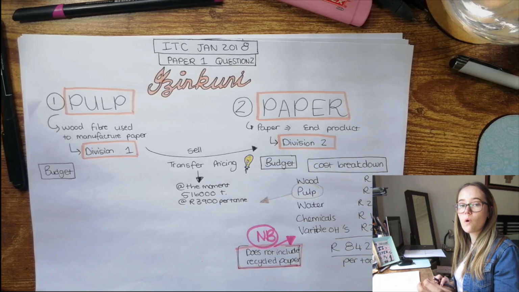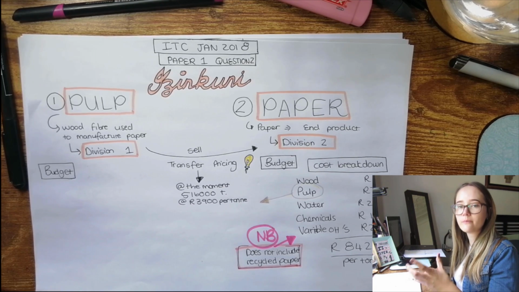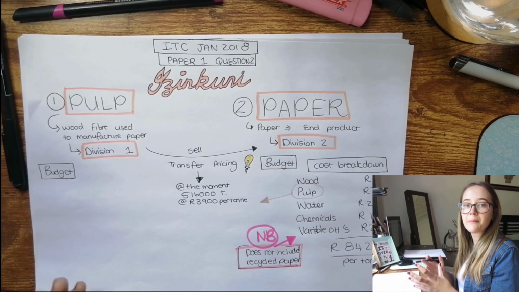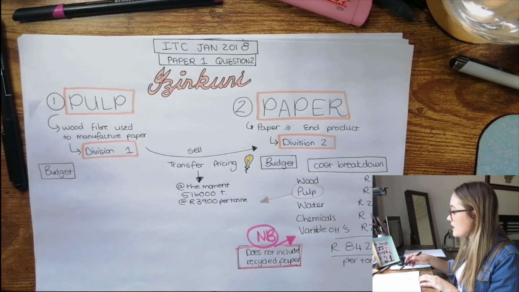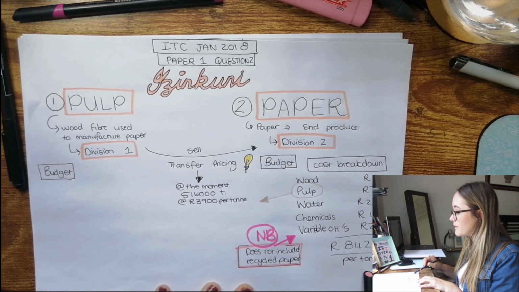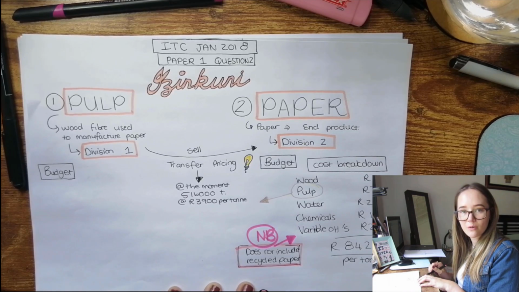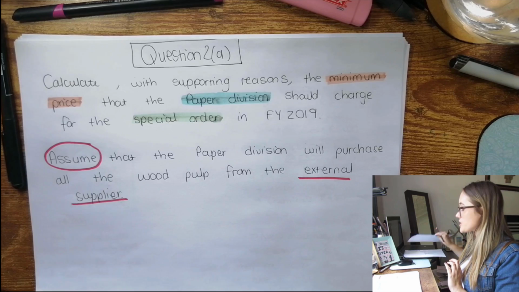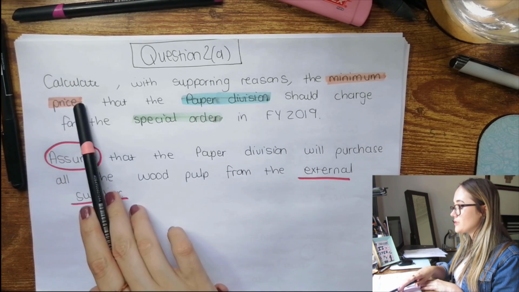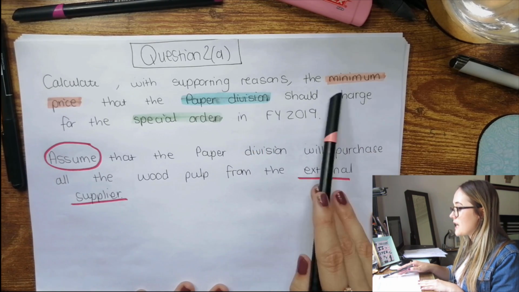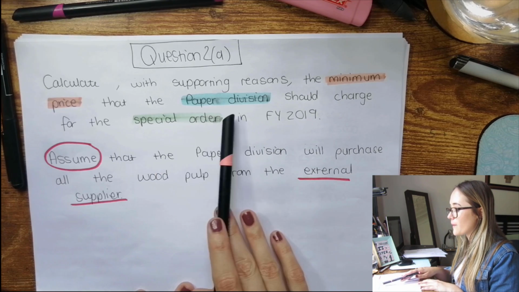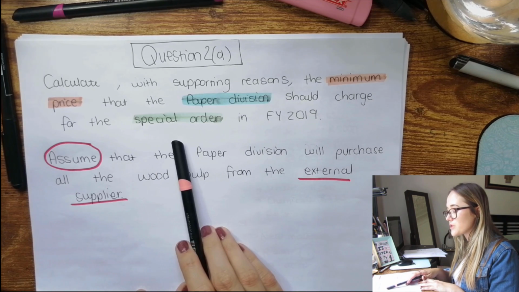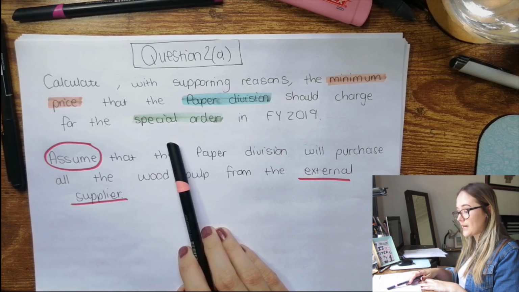So the special order decision is for recycled paper, or for a portion of the paper to be made from recycled paper. So everything that they give you here at the moment is before the special order has been taken into consideration.